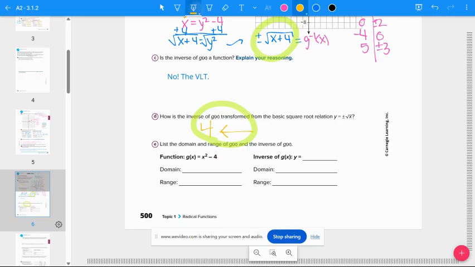So let's look at the domain and the range. Again, the domain of our normal function was all real numbers, and our range was from -4 up to infinity. For the inverse of g of x, we got the equation plus or minus the square root of x plus 4.